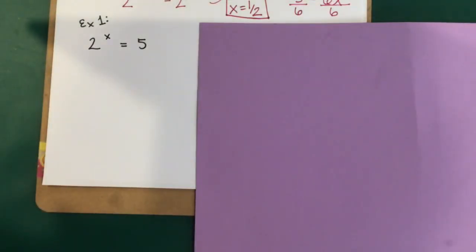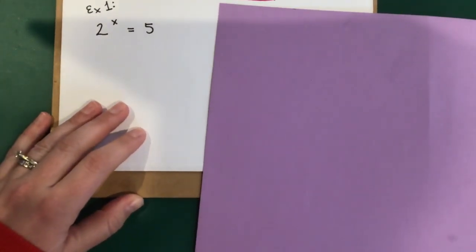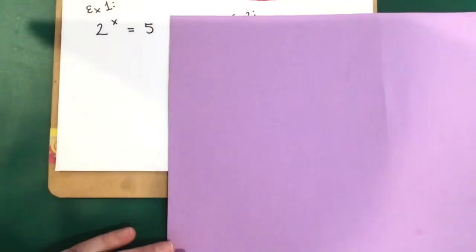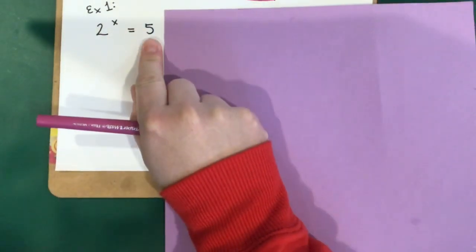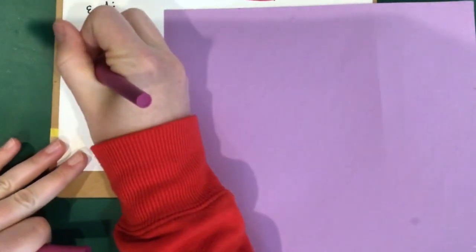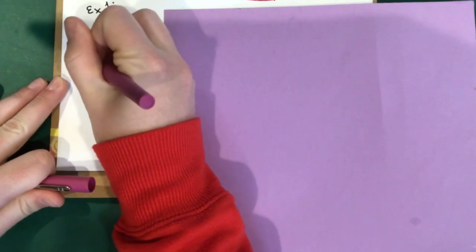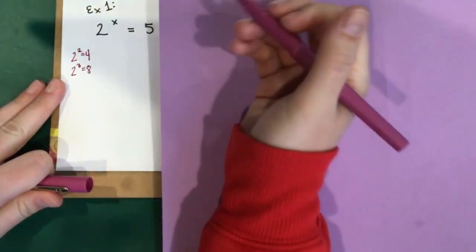Okay. Now, the next problem, though, I want to take a little bit of a closer look at. In our previous one, we were able to rewrite everything as a power of 2. But when we're looking here, well, I already have a 2 here. But can I rewrite 5 as a power of 2? Well, no, because we know that 2 squared gives us 4 and 2 cubed gives us 8.